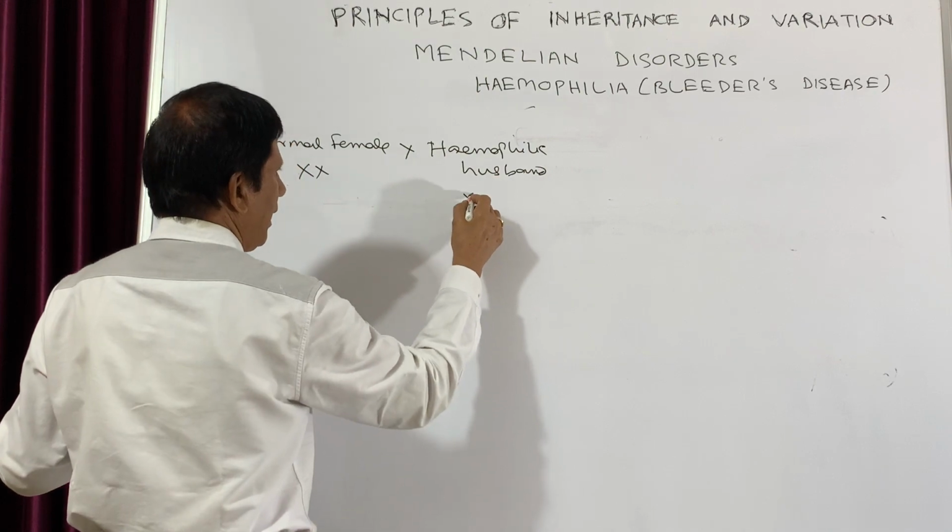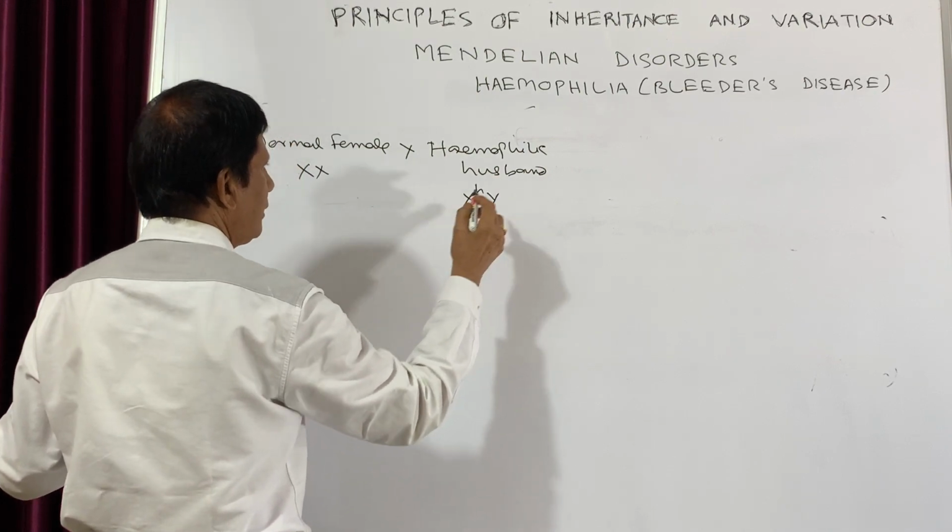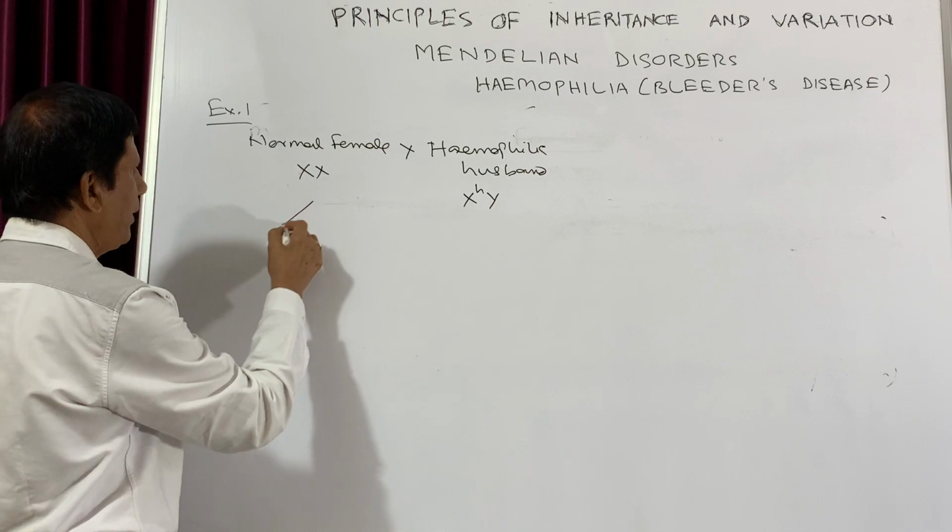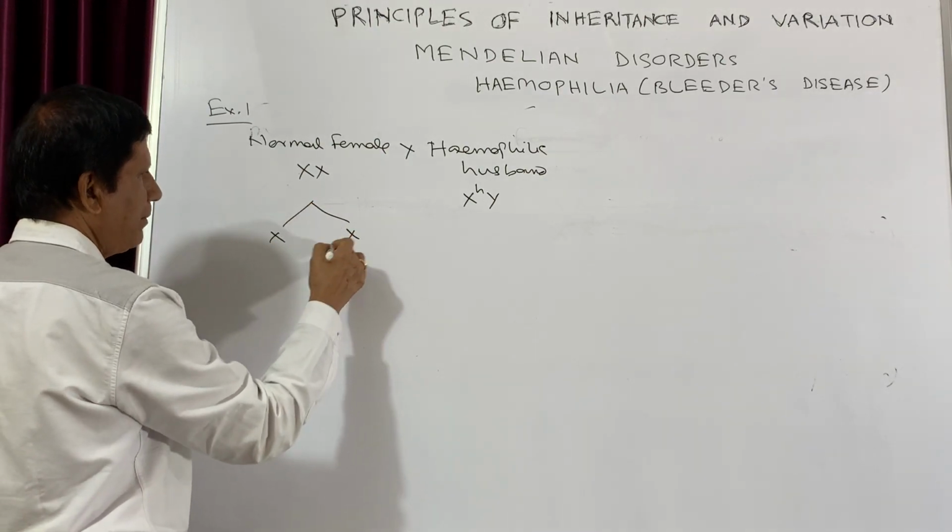Naturally the hemophilic husband will be X^H Y. The female will produce one type of gamete, X, and the male will produce two types of gametes.